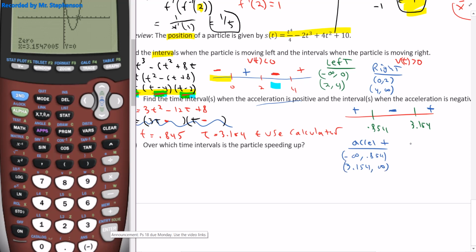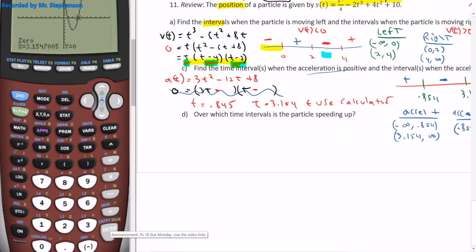And then the acceleration is negative from 0.854 to 3.154. All right, so that's that.